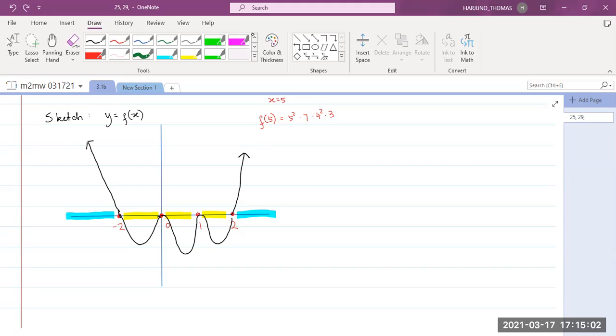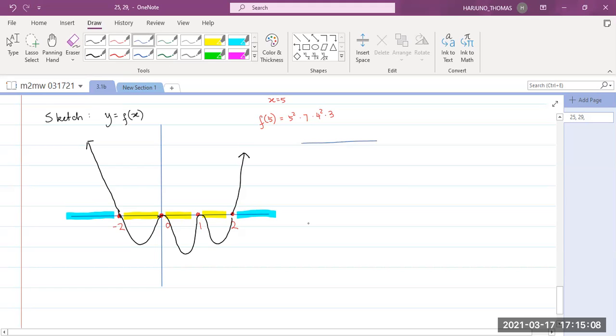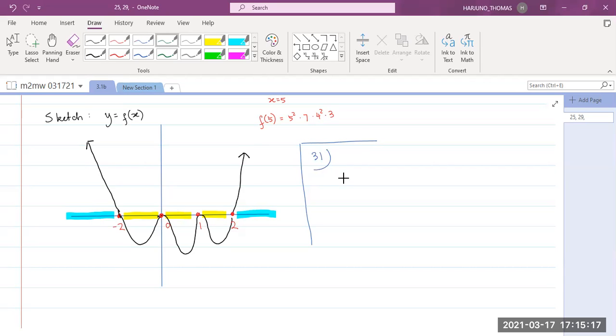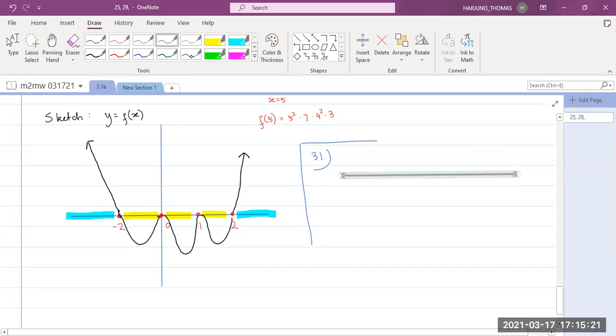Number 31. Implicitly already taught. Let me do it here. They give you the sign graph. We have -4, 0, 1, 3.